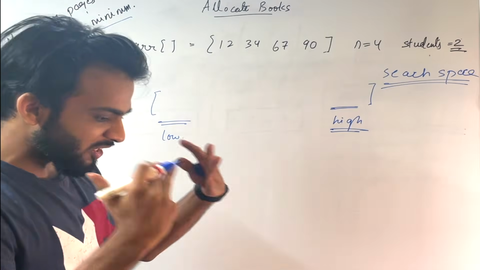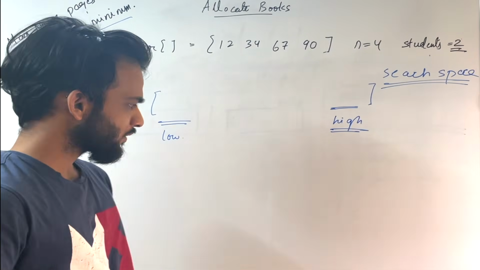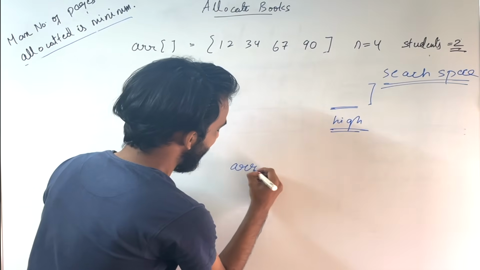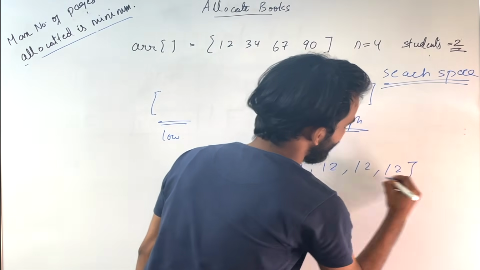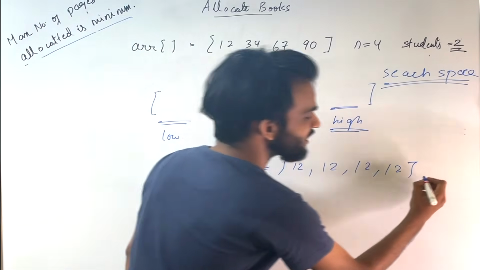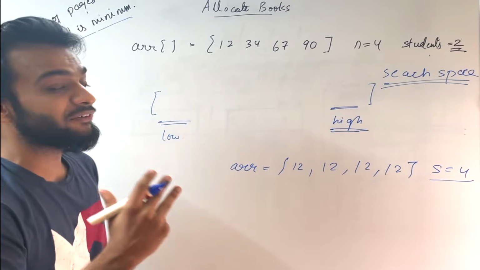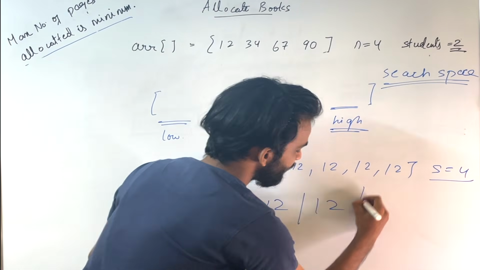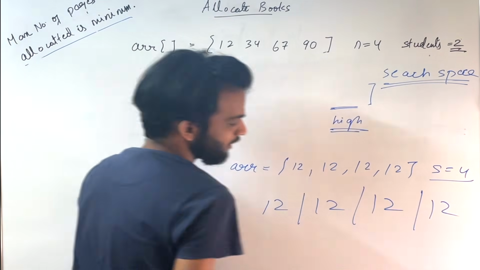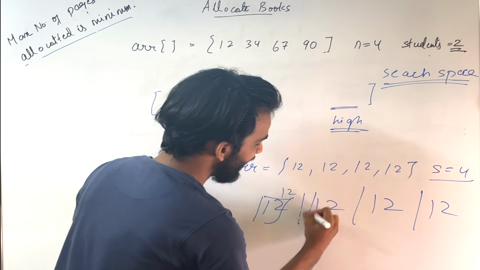Okay, let's now think in terms of all the test cases. Take a test case where the array is 12, 12, 12, 12, and the number of students is 4. What will be the answer of allocation? I'll be allocating 12, 12, 12, 12, so everyone's summation of pages will be 12.